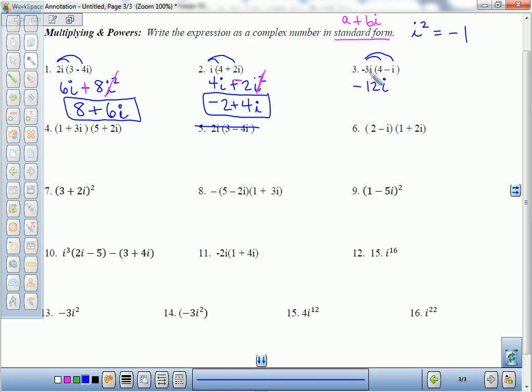Now we do negative times a negative, which is a positive 3i squared. But what happens with that i squared? Yeah, it cancels out and changes the sign of that 3 to a negative 3. So the product, the result is negative 3 minus 12i.